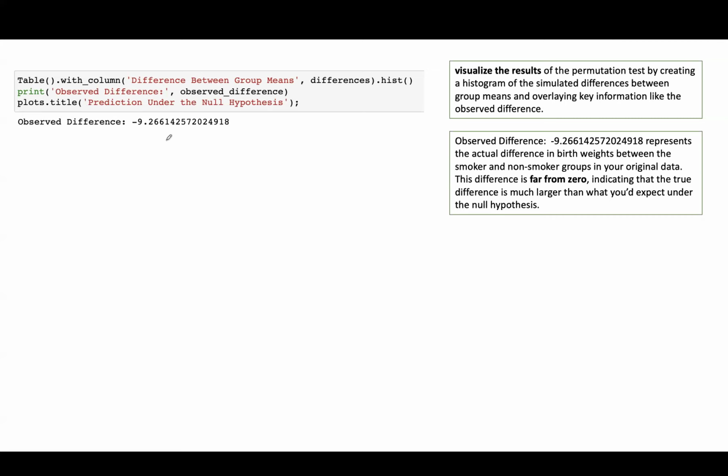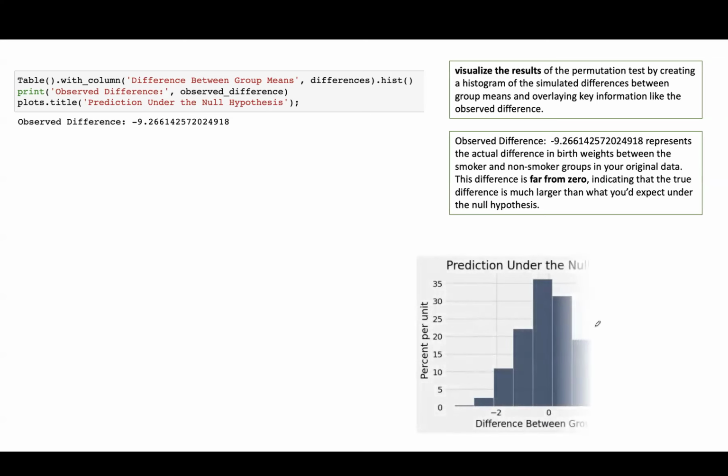The observed difference is going to be negative 9.2661, which is the actual difference in birth weights between the smoker and non-smoker groups in your original data. The difference is far from zero, indicating that the true difference is much larger than what you expected under the null hypothesis. So take a look at your histogram.